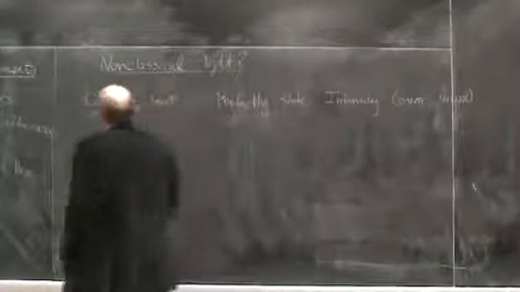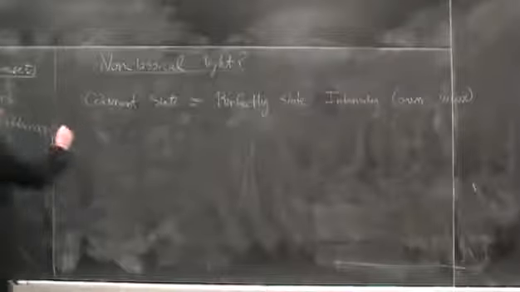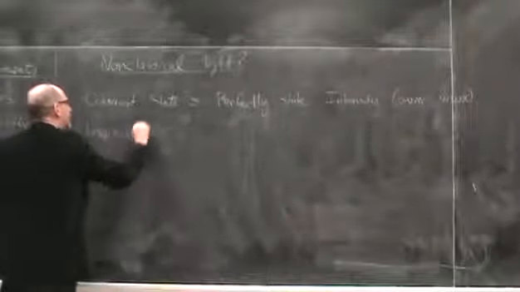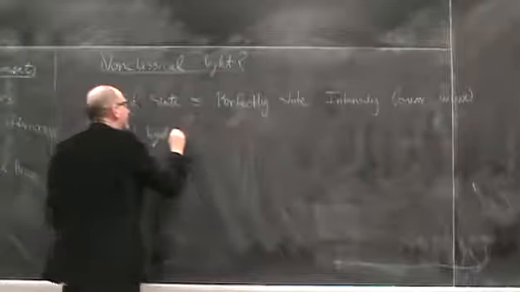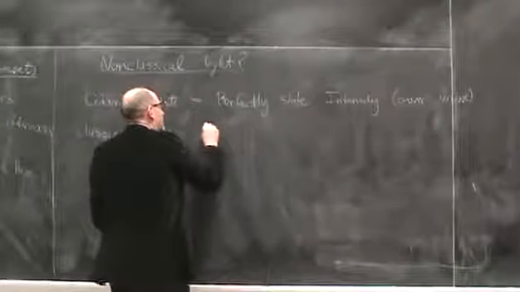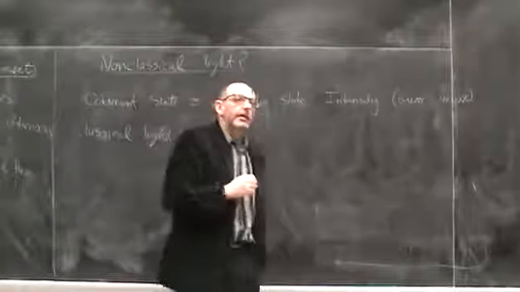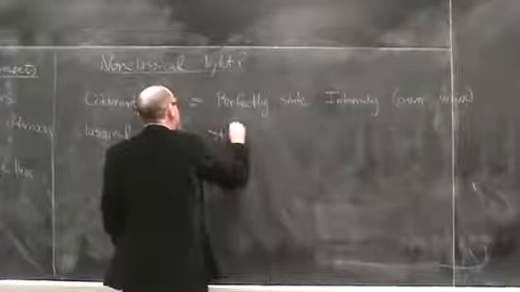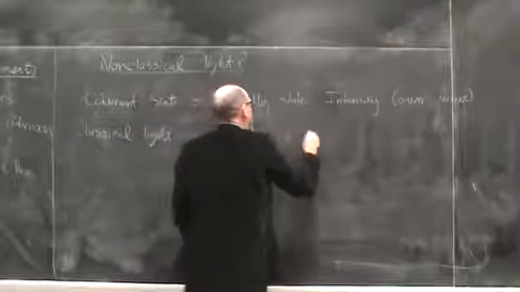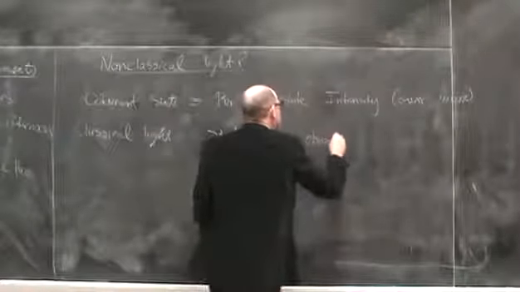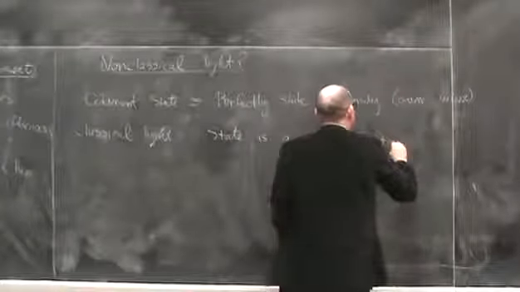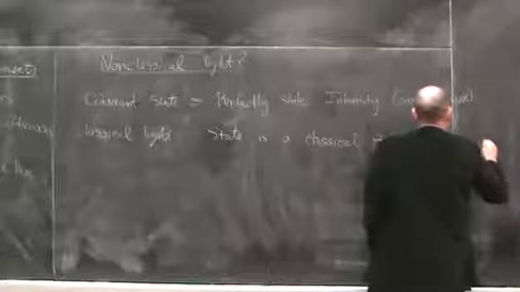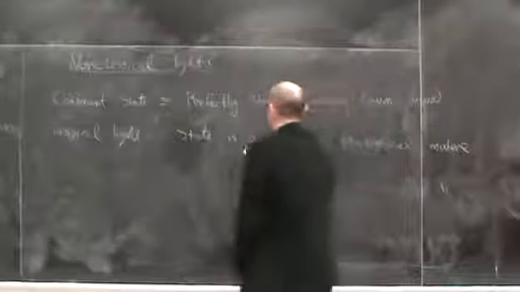So what we mean by classical light, one way of defining light as classical light, is if the state of the field, I'll just write it out first in words, the state is a classical statistical mixture of coherent states.